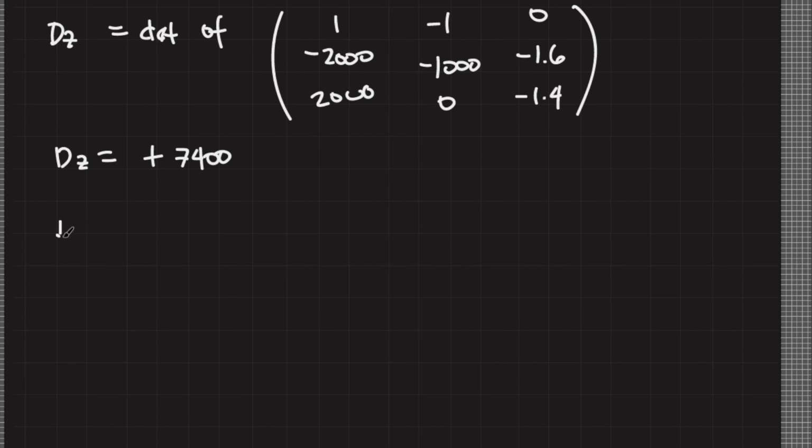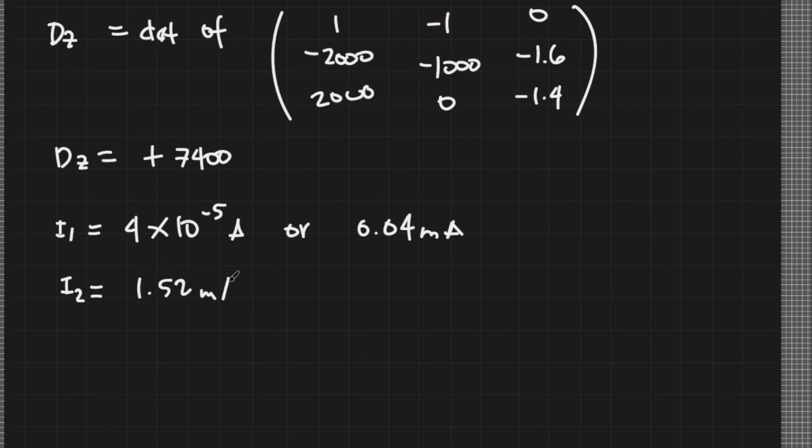So I sub 1 equals 4 times 10 raised to negative 5 amperes or 0.04 milliampere. I sub 2 equals 1.52 milliampere. I sub 3 is equal to negative 1.48 milliampere. So the negative sign here means that the direction for I sub 3 is reversed.